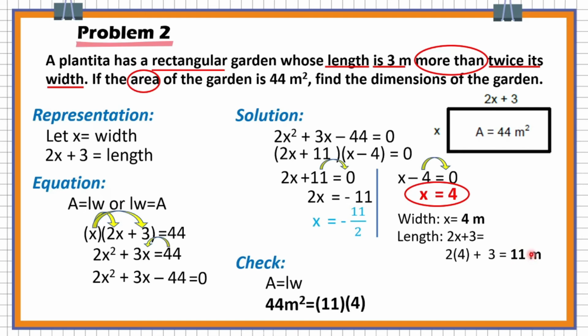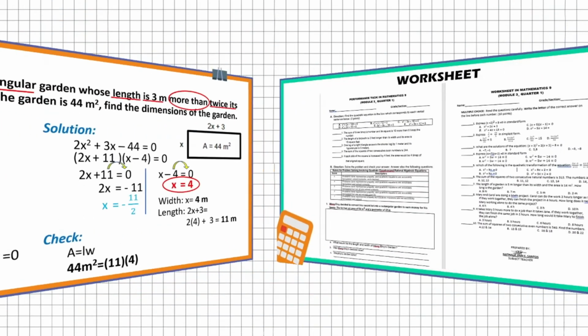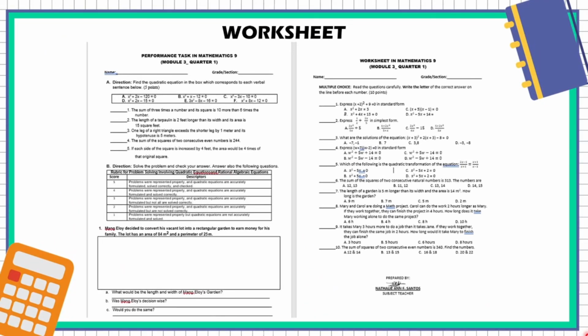So, that's it. Okay, para ma-assess natin kung may natutunan kayo sa dalawang problems natin. Okay, we have a worksheet na binigay ko sa inyo noong Wednesday. So, ito ang kasagutan nyo. We have the performance task and your worksheet. So, una dito, ang gagawin natin is to find the quadratic equation in the box which corresponds to each verbal sentence below.